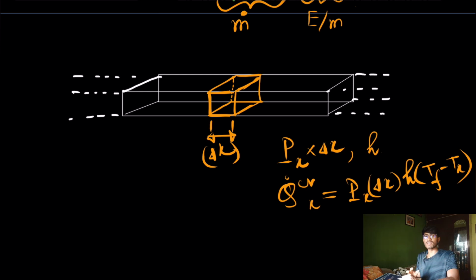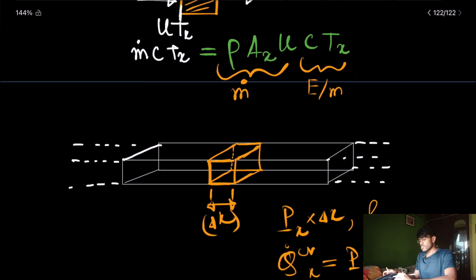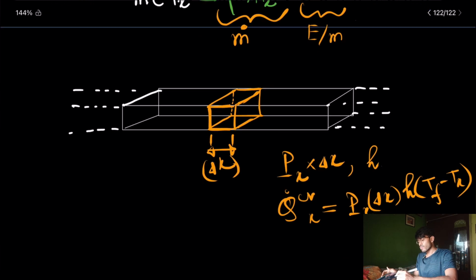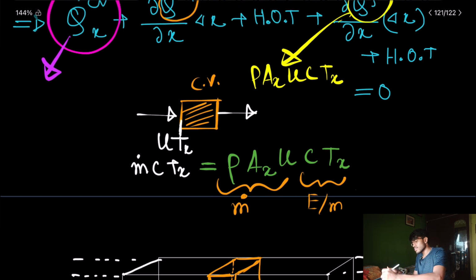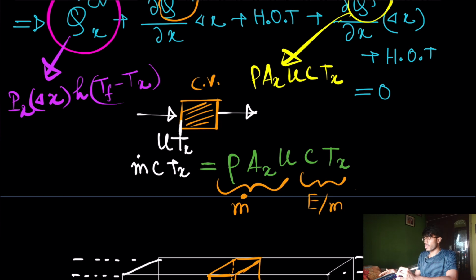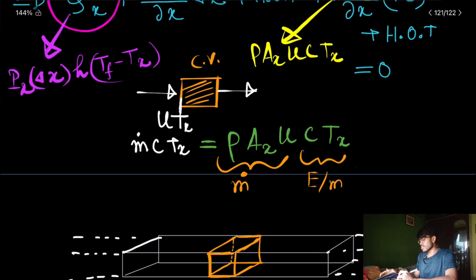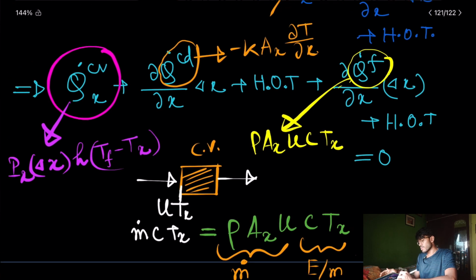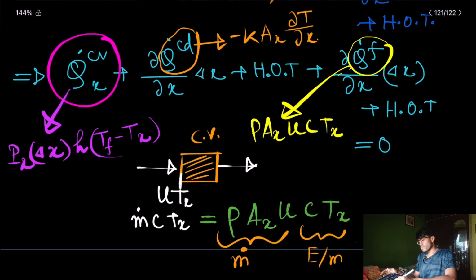Because the convective heat flux is going from the furnace to the sheet, right? I will state the assumption a bit later. This is Px delta x into H into T furnace minus Tx. Clear? So I have written all the terms. Now let me write this equation again, so I will copy it.